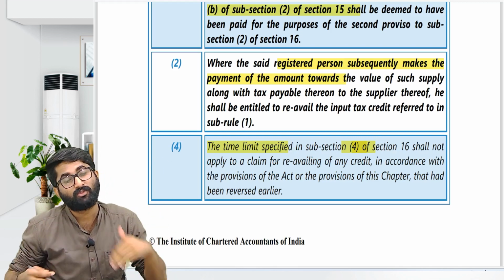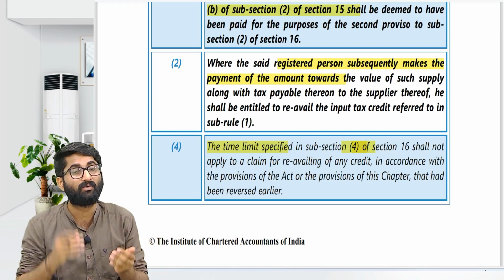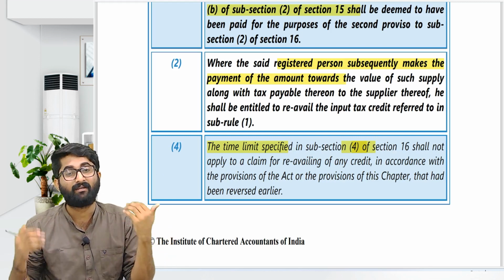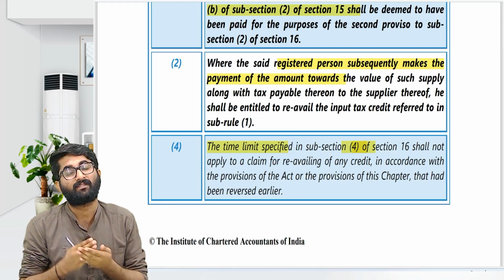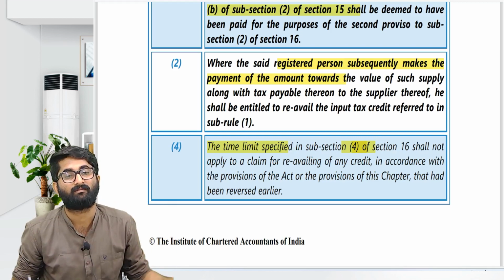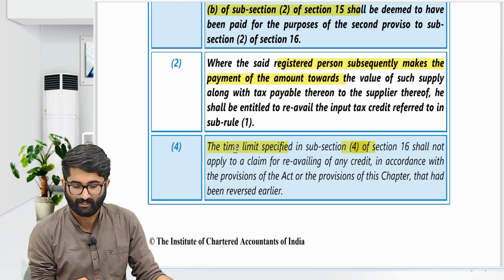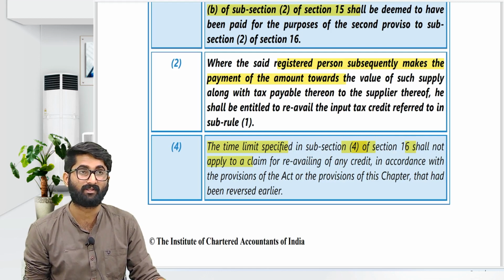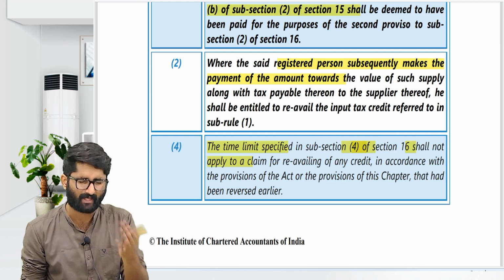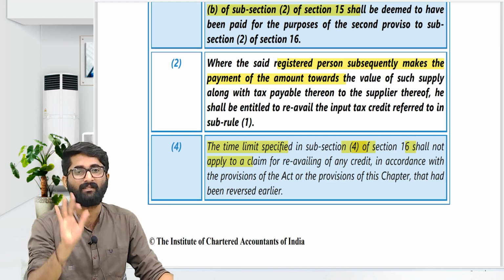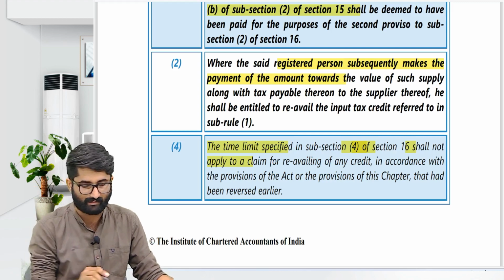After 180 days you pay it. Now you can avail the ITC. What if the date specified in Section 16(4) is already over? Can I take ITC? Yes, definitely you can take ITC. Section 16(4) shall not be applicable. Even if the 30th of November or the actual filing of the annual return, whichever is earlier, is already over, still that is fine. You can take the ITC that is given here.